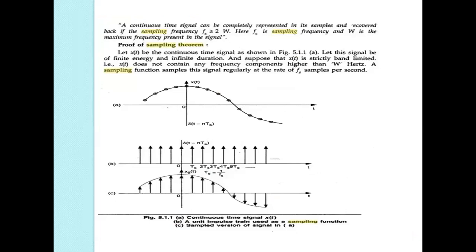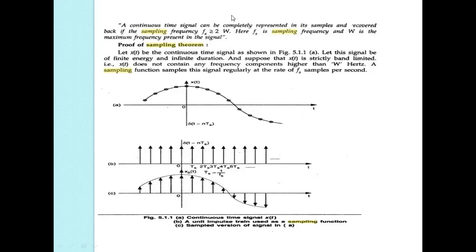So what is the statement? The sampling theorem states that a signal which is band limited to fm hertz can be completely recovered from its samples if the samples are taken at a rate of fs greater than or equal to 2 fm.